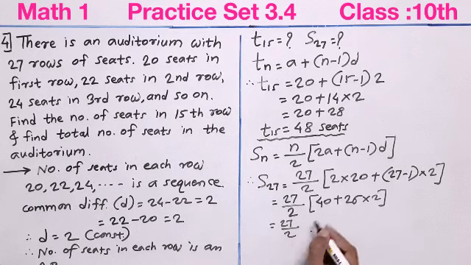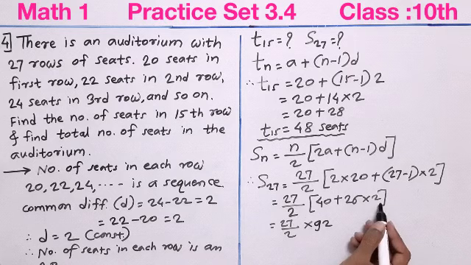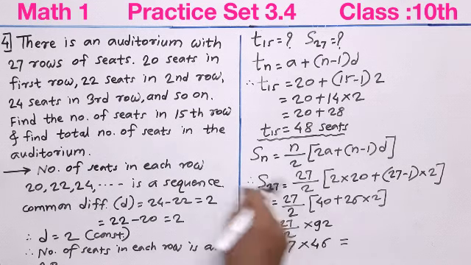So we can directly write multiplied by 92. First multiplication and then addition. Now 92 is divisible by 2, so we can divide 92 by 2. 27 will remain as it is, into 46. Now this multiplication will give us the total number of seats in the auditorium.